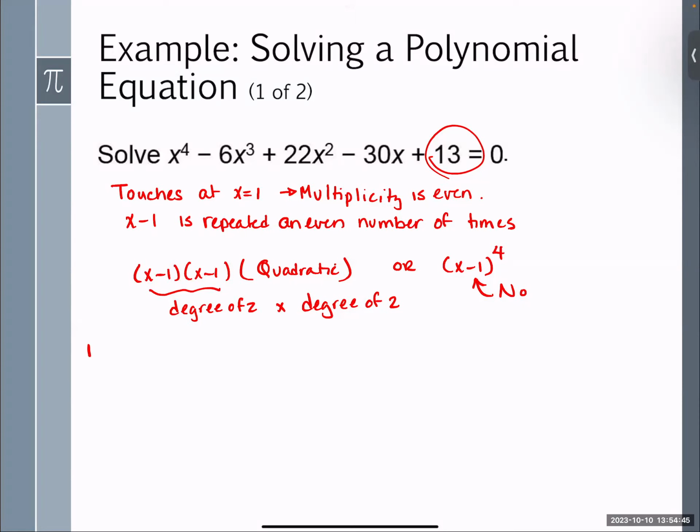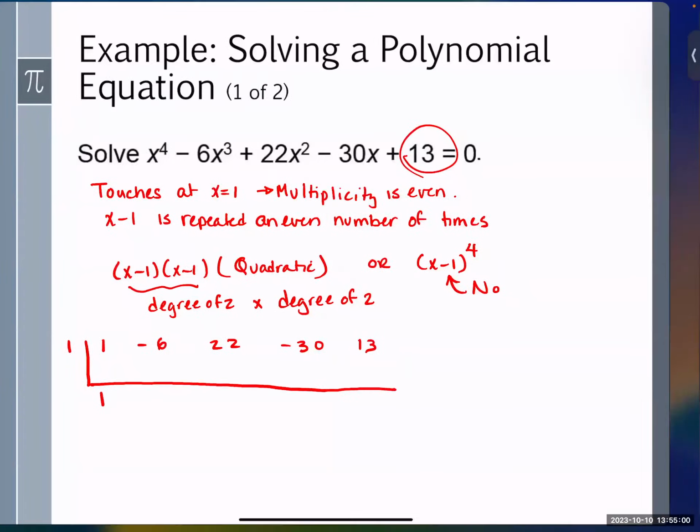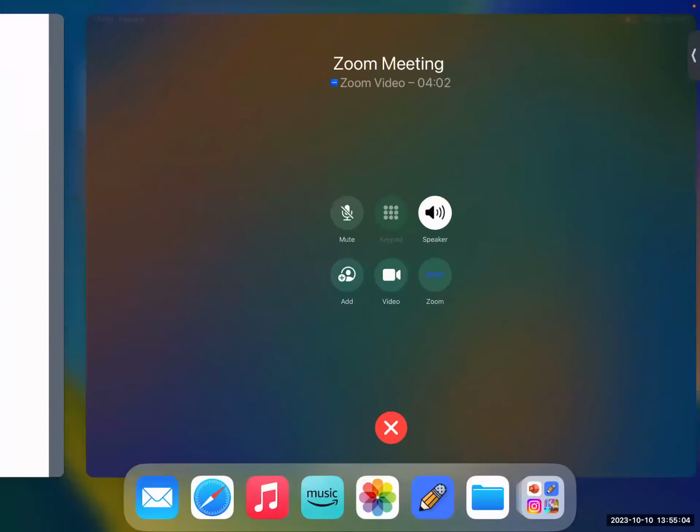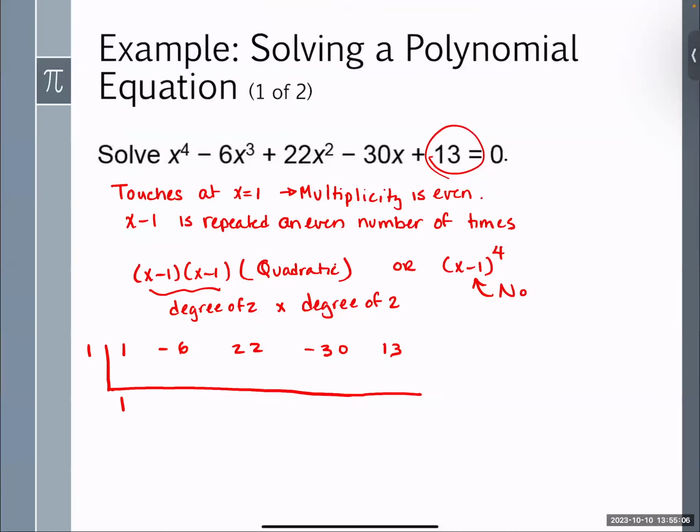And I'm going to do that using synthetic division. So I write the coefficients of my dividend. Bring the 1 straight down. 1 times 1 is 1. Write that in the second column.